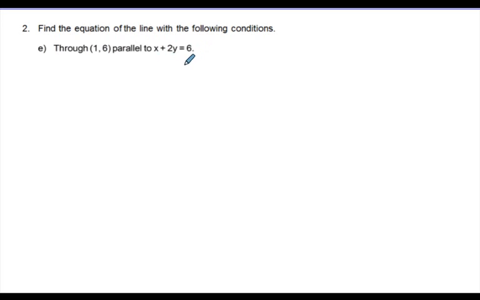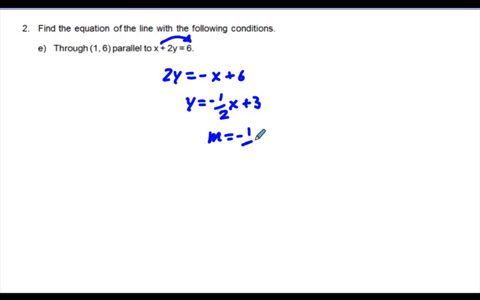If we subtract, we're going to take this x over here and make it negative. So we have 2y equals negative x plus 6. So y is equal to negative 1/2 x plus 3.